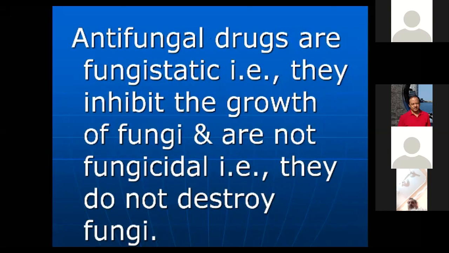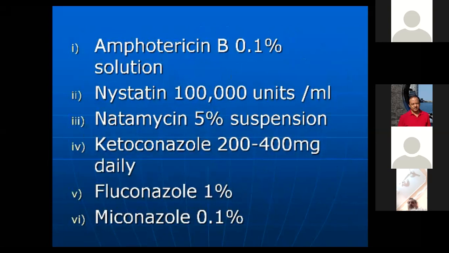These are some of the important drugs which belong to the antifungal category. Amphotericin B. It is available in 0.1% solution. Nystatin, 1 lakh units per ml. Natamycin, 5% suspension.